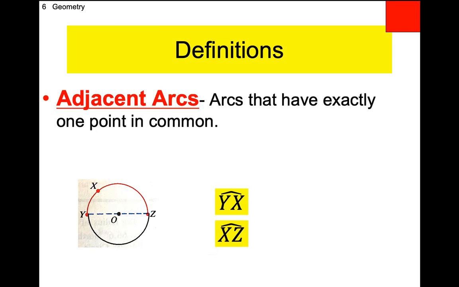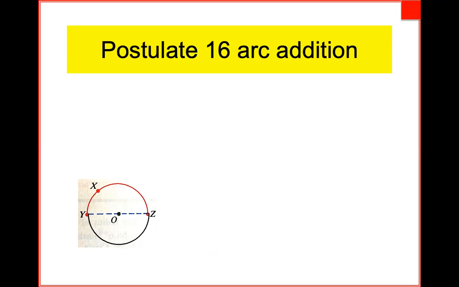Why did I ask you about postulate 2 and postulate 4? Because if we have adjacent segments or we have adjacent angles, what can you do with that? You have adjacent segments. If you have adjacent angles, you can. And if we have adjacent arcs, you can add them together. This is going to be postulate, we good? This is going to be postulate 16.